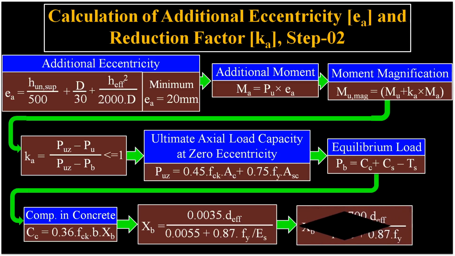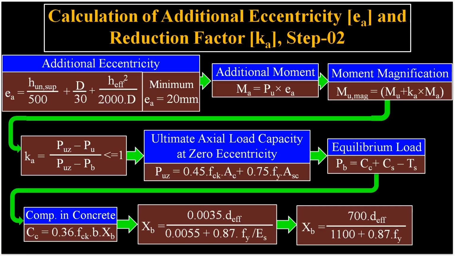Depth of neutral axis, XB, part 2. Now, we are simplifying the formula of XB. We know the value of ES is 2 times 10 to the power 5 Newton per square millimeter.